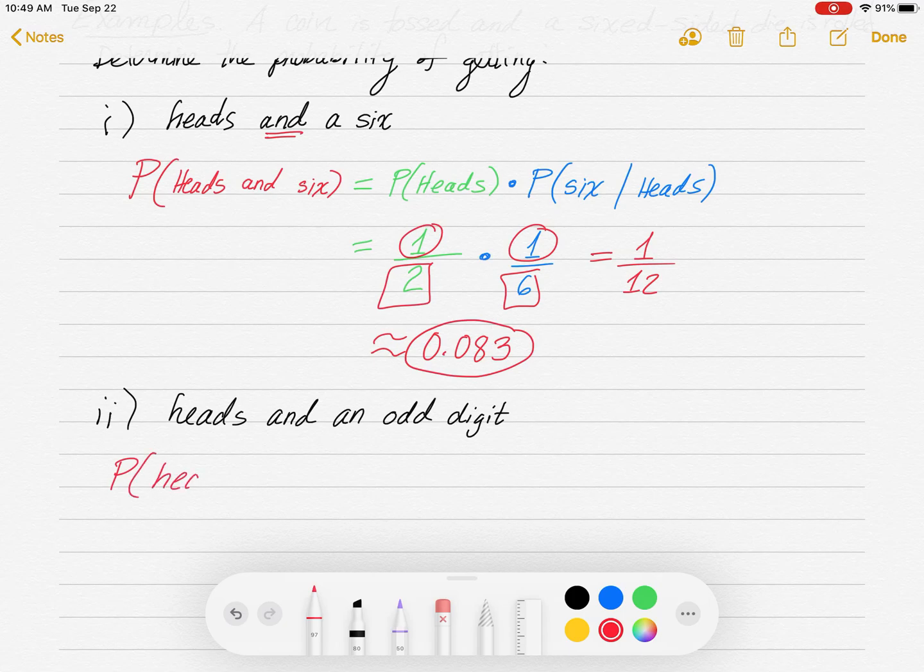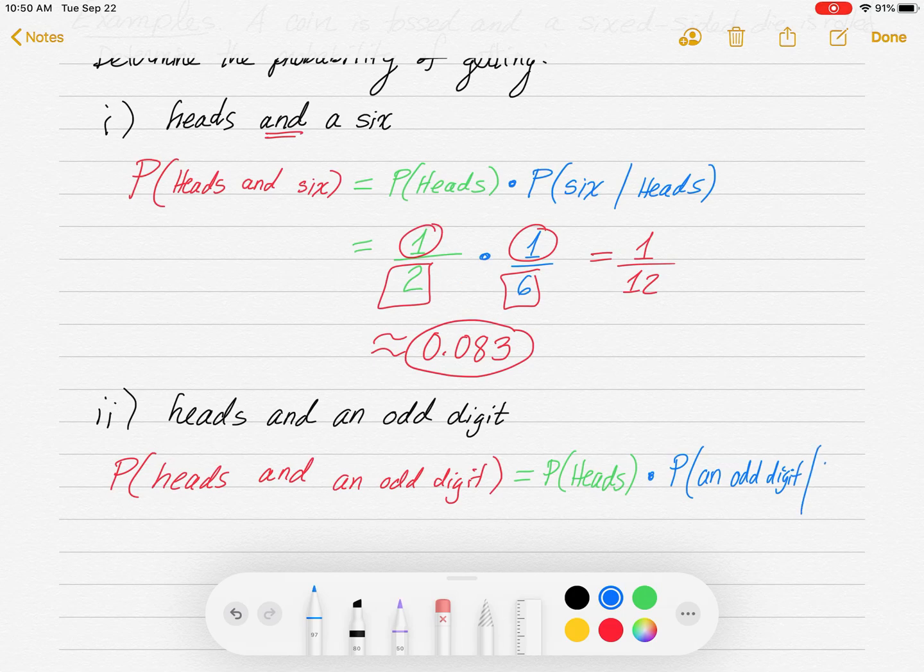We want the probability of first heads on the coin and an odd digit on the die. Well, using the multiplication rule with an "and" situation, we want the probability of first heads times the probability of getting an odd digit, given we've already gotten heads on the coin.